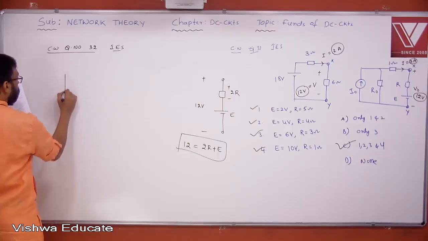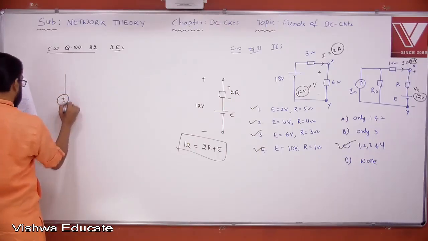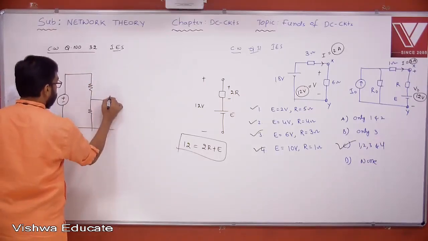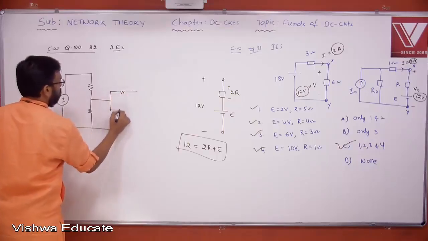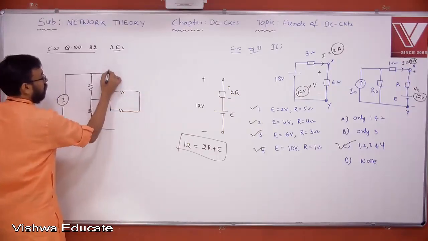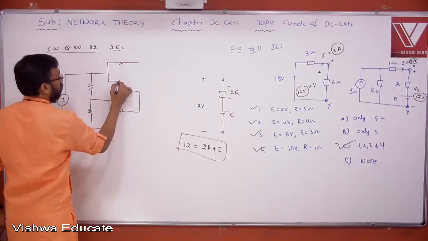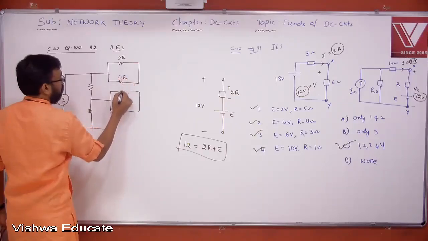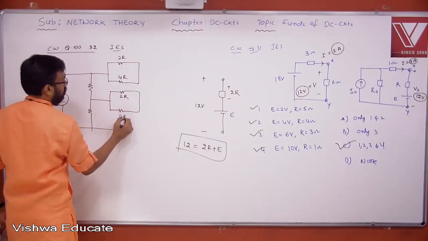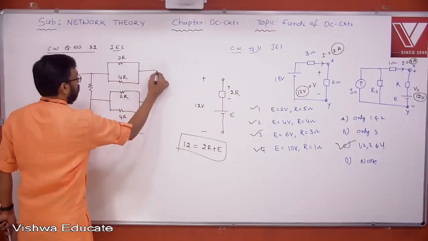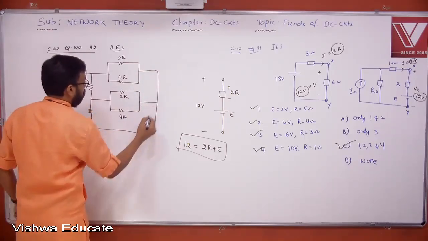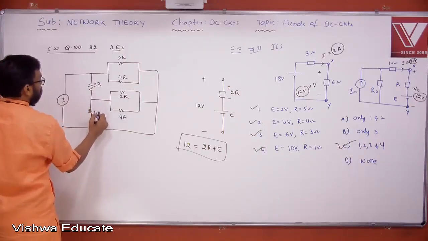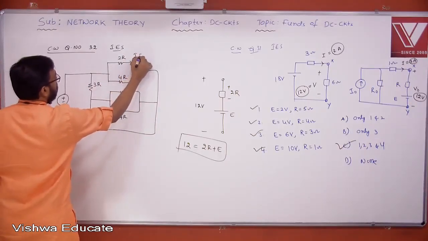The network is given like this, plus minus. So what is this capital I value? He is asking.